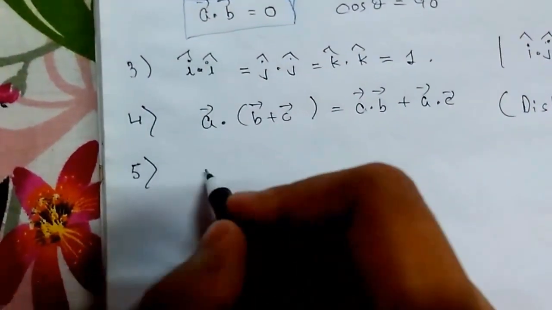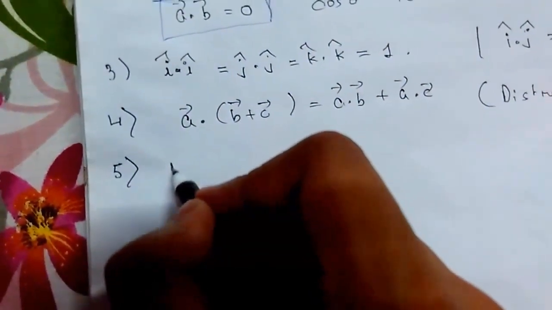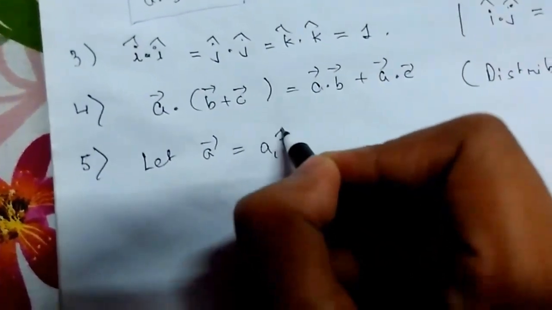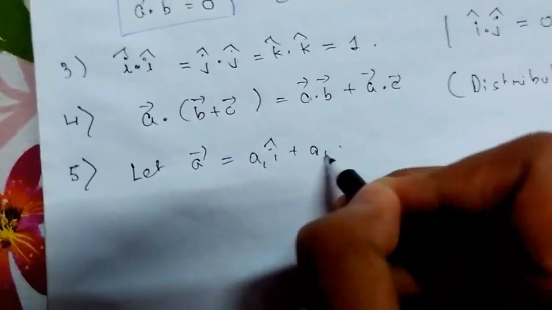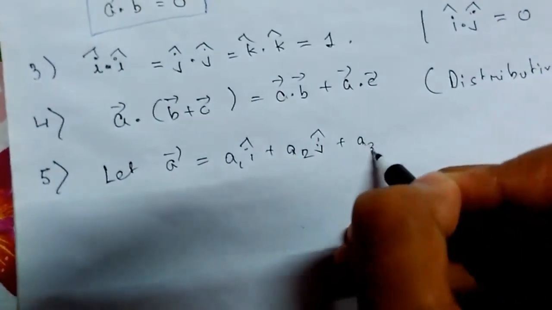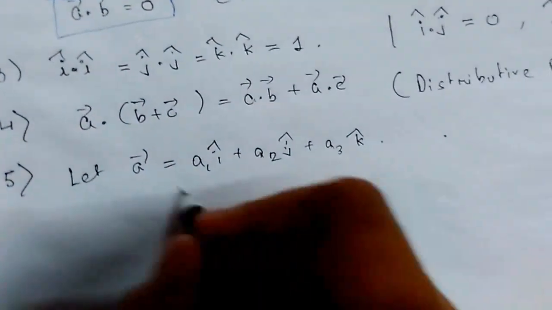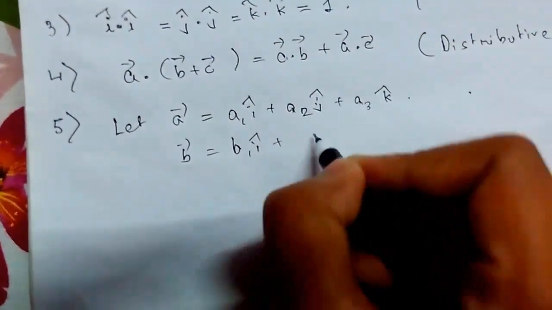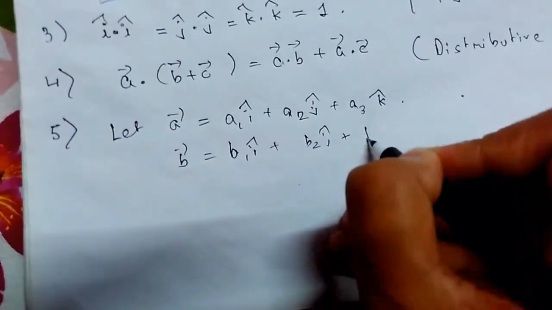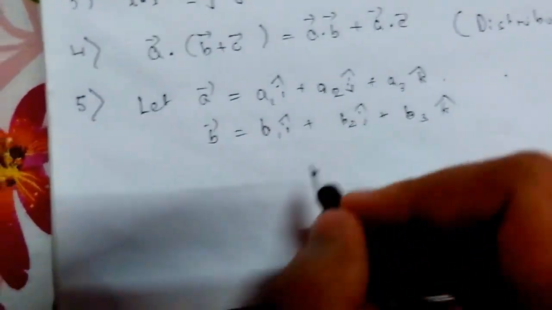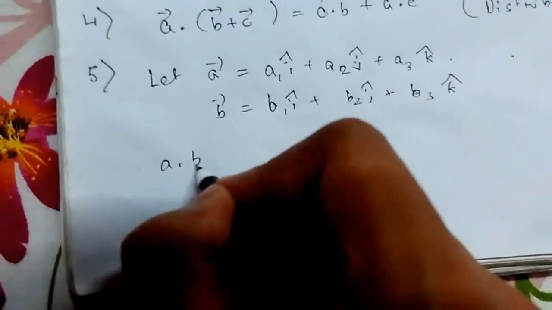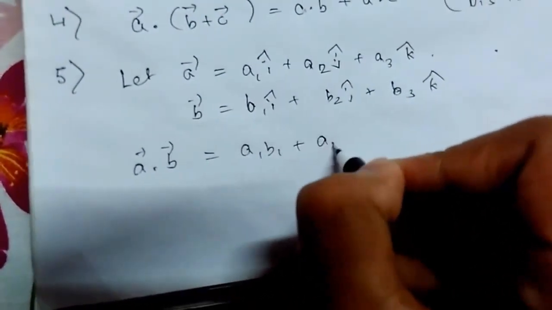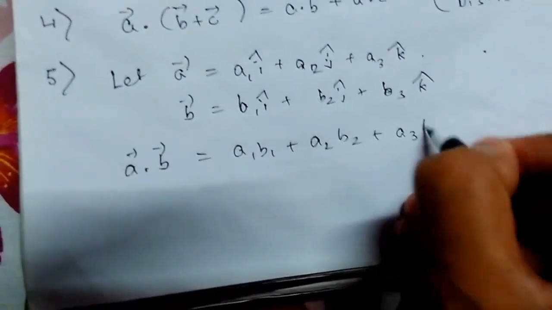Now number 5, suppose we have, let A vector be defined in terms of unit vectors, that is A1i plus A2j plus A3k, and suppose we have B vector, that is B1i plus B2j plus B3k, and the dot product will give us A dot B, that will be represented as A1b1 plus A2b2 plus A3b3.